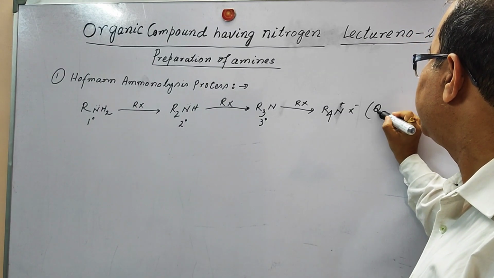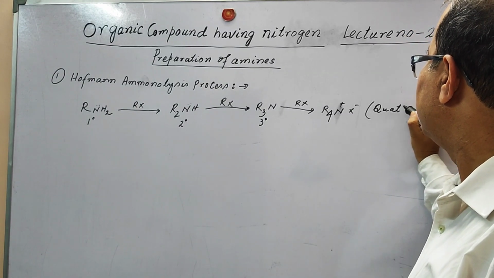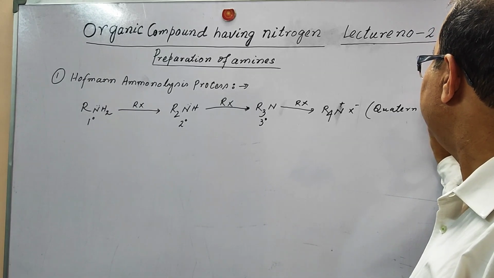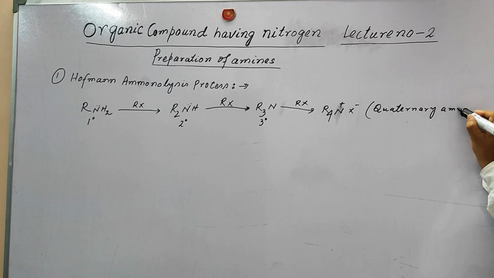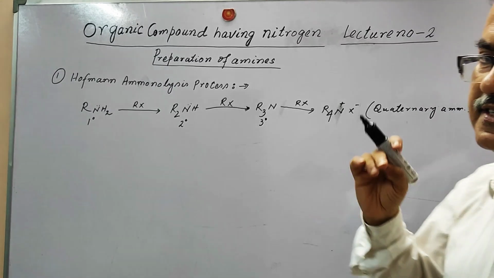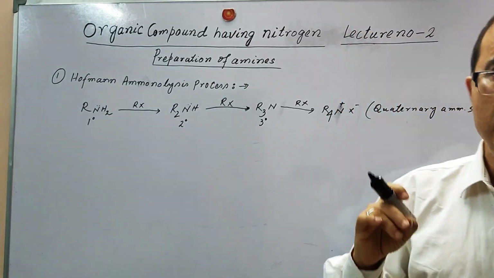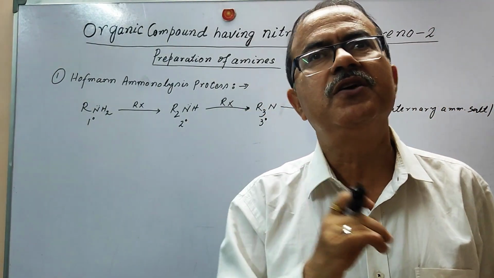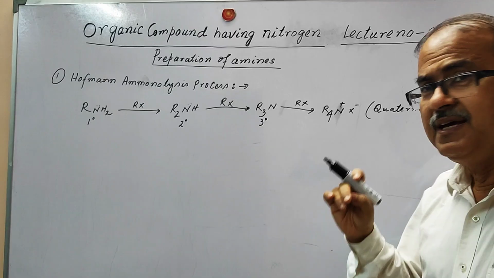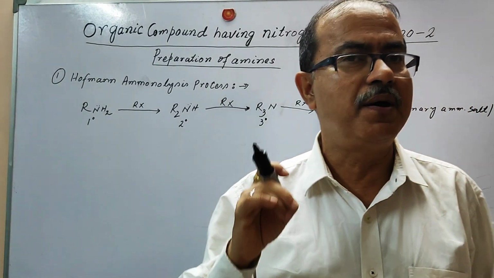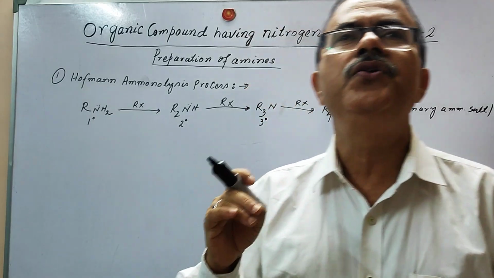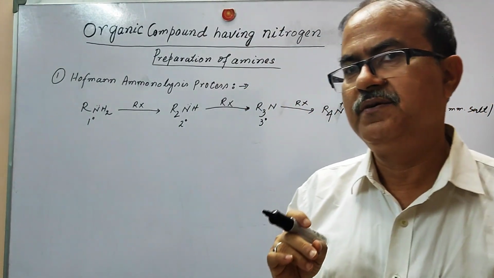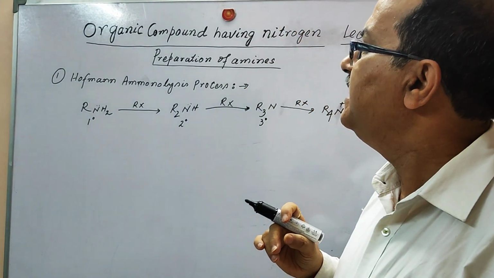This is the quaternary ammonium salt. So what we understand is that there is a series of reactions by which you will find a mixture of products. But this is not going to solve our purpose. We want that procedure which will yield a main product, and that can be easily done.